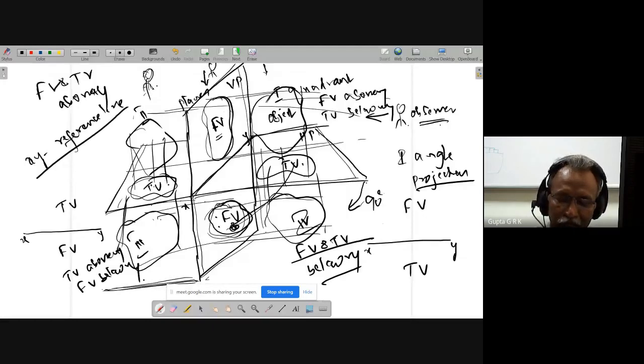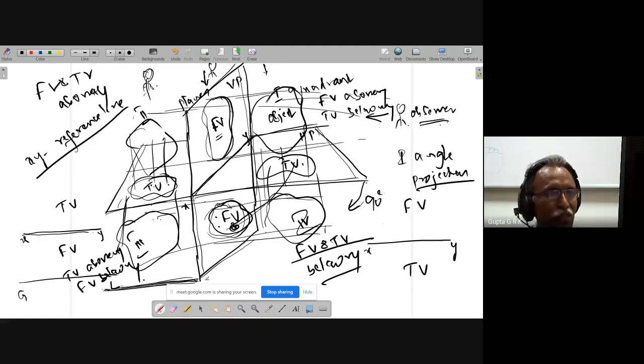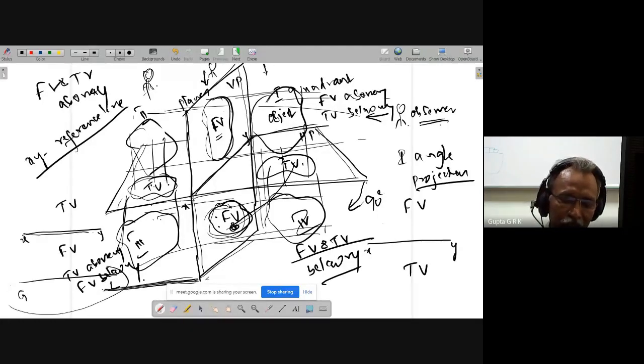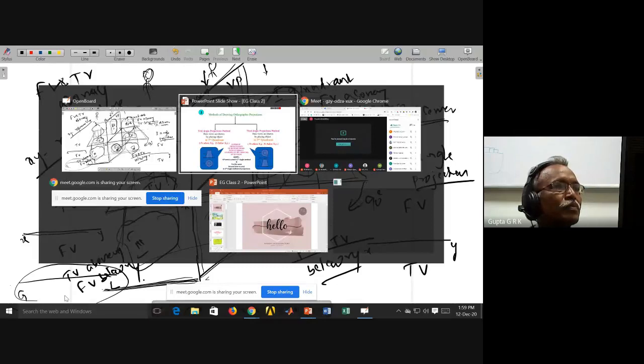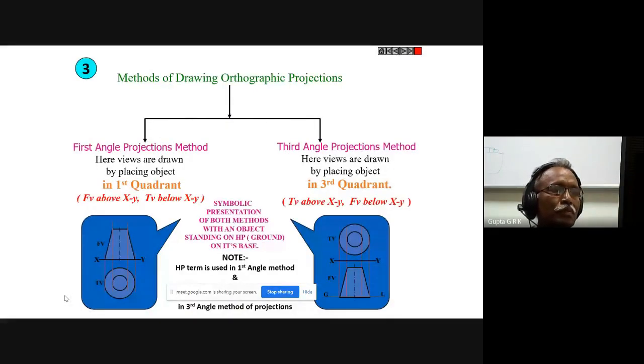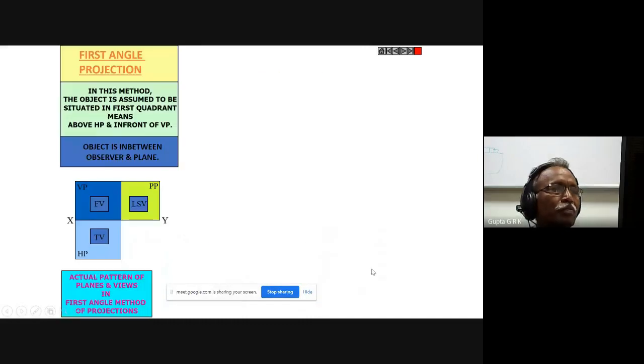I don't have anything. So I take this as ground. So whenever I draw third angle projection, not only XY will be there, and below this, there will be GL, ground line. So third angle projection should show this ground line. First angle projection, I need not show that. Okay. So like this, you have to show ground line here for third angle projection.